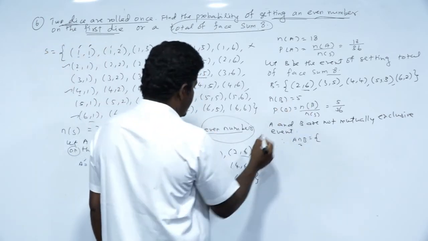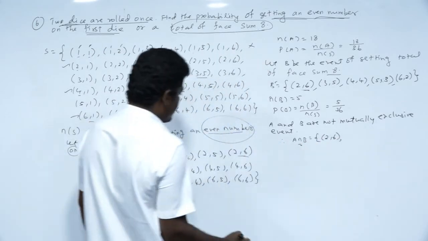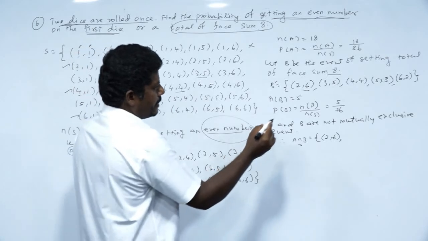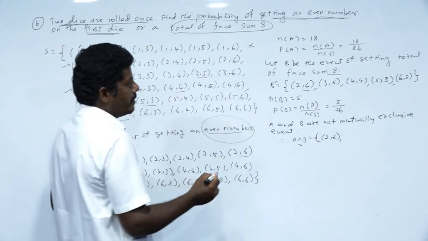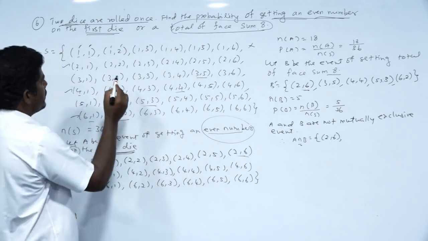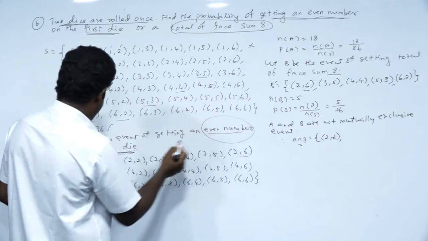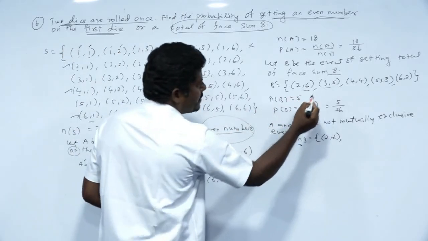Now you want to find out A intersection B. Here 2, 6 is there, and here 2, 6 is there. So 2, 6 is common. After that, here 3, 5 is there, but here there is no 3, 5 because on the first day there is an even number.